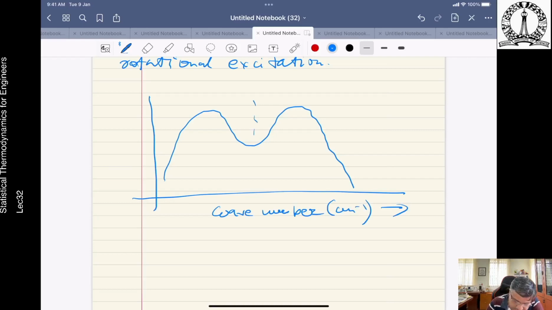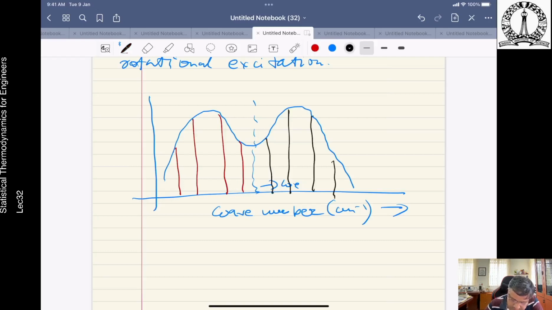This is the central, which is basically omega E. Here you will see a kindred of lines, and here we will see another set of lines. This is called the P branch, we'll come to what they are. This is called the R branch, and this is omega E.